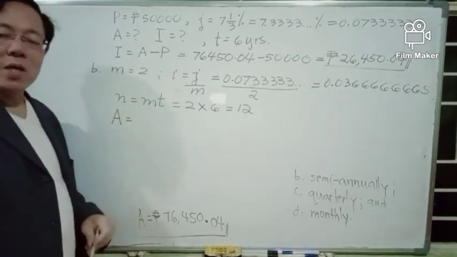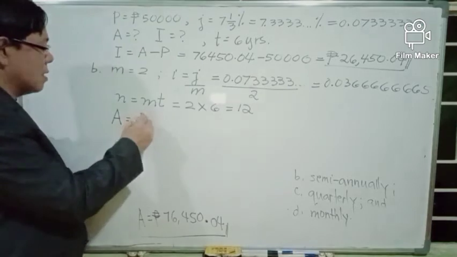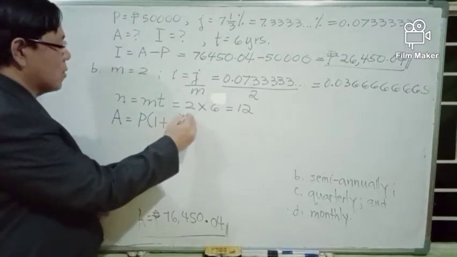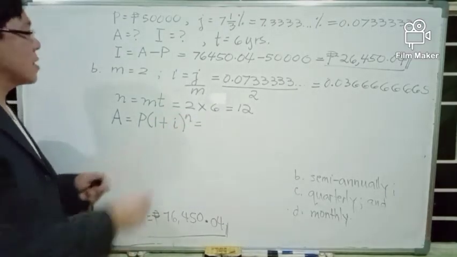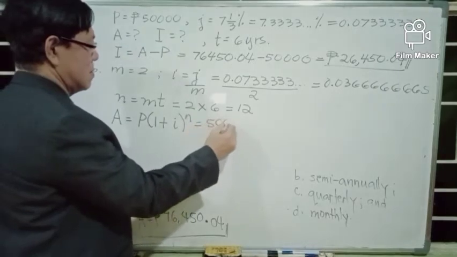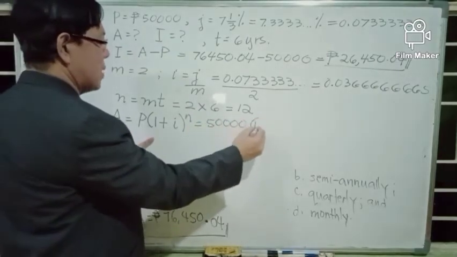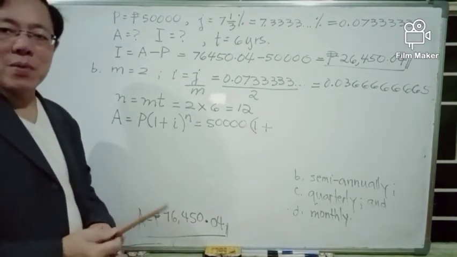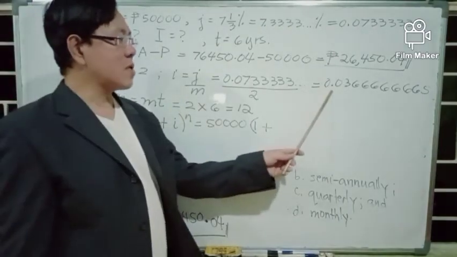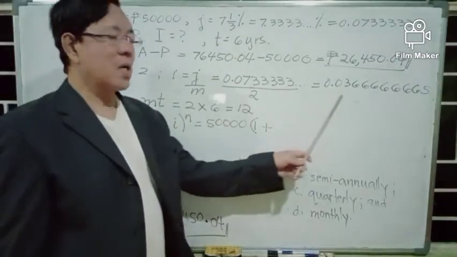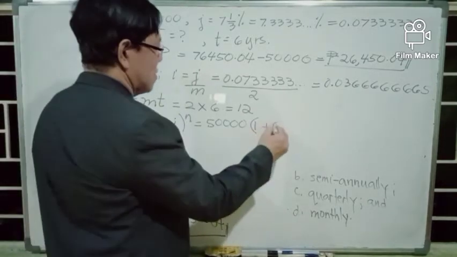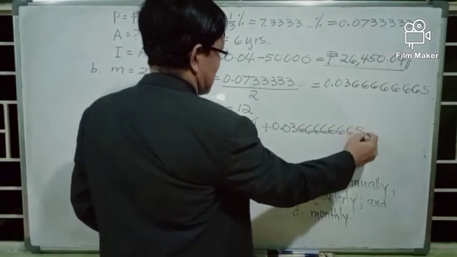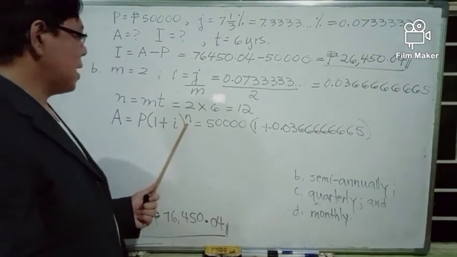The accumulated value at compound interest rate is given by P times quantity 1 plus I to the power n, where P is 50,000 pesos. 1 plus the interest rate per period, or the interest rate every 6 months, I equals 0.0366666, to the power n.